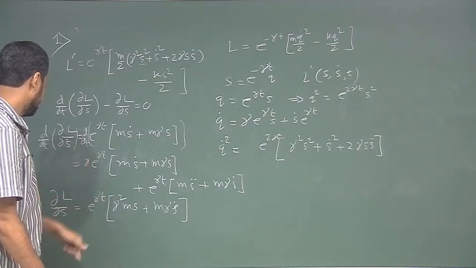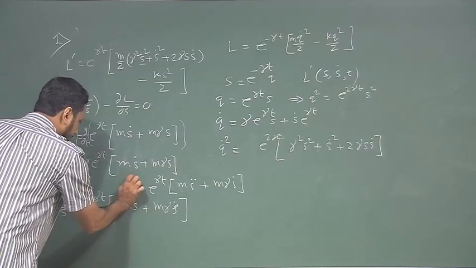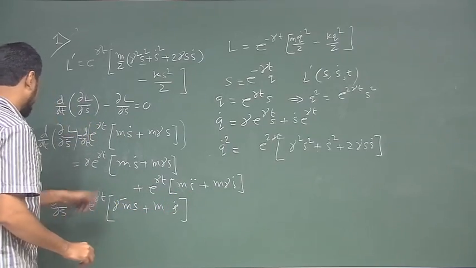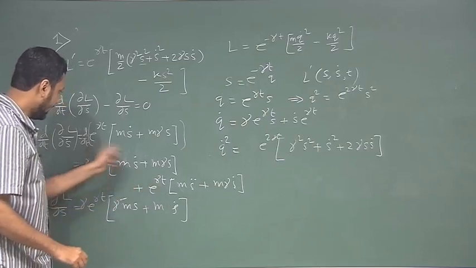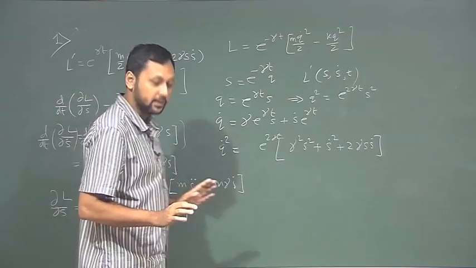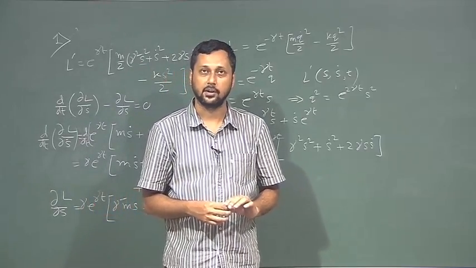So, you can basically take gamma e to the power gamma t common and then simplify. You will get back the familiar equation of simple harmonic oscillation with damping.